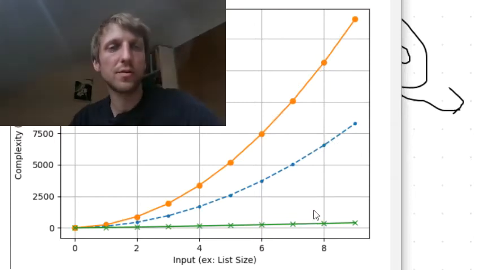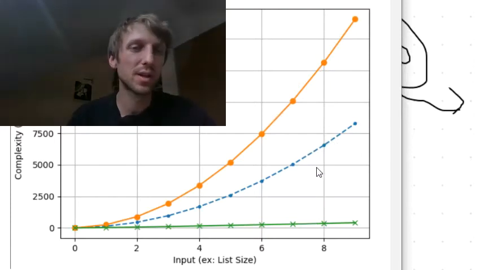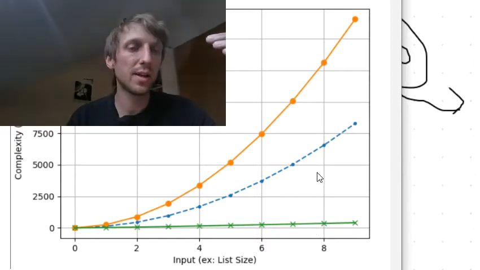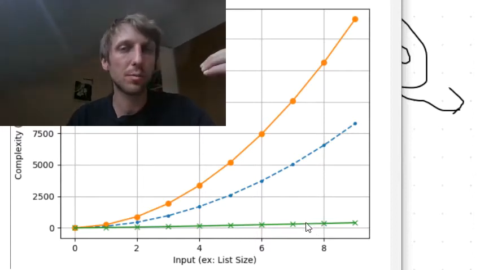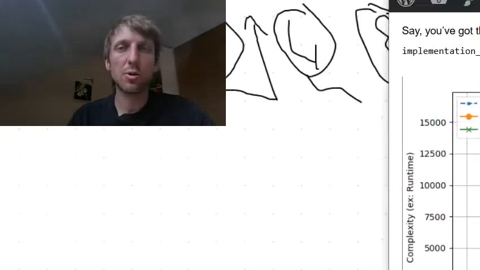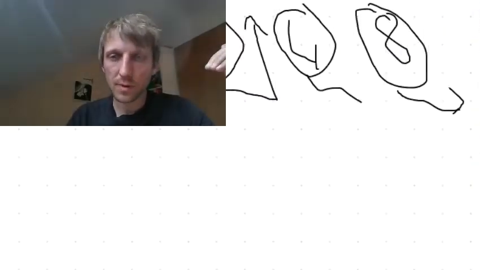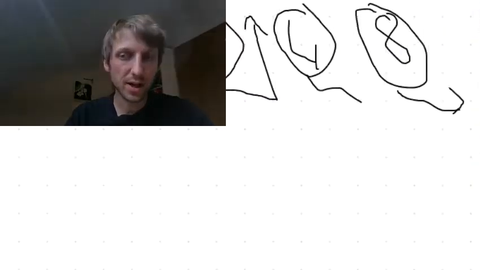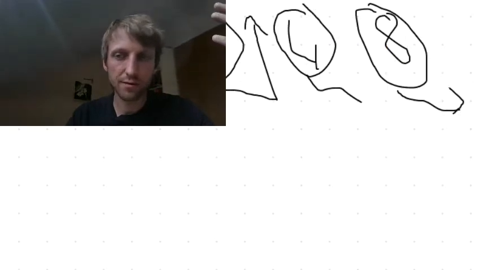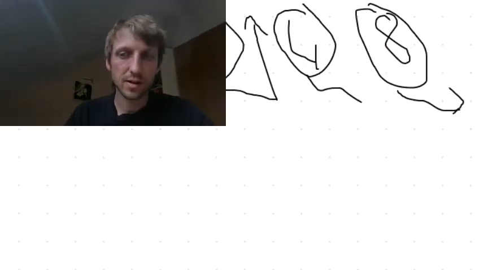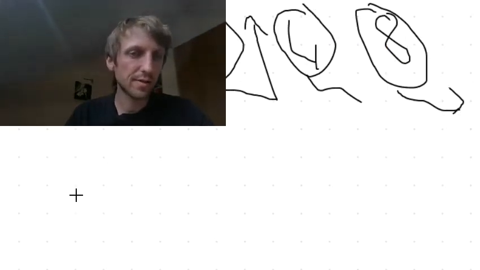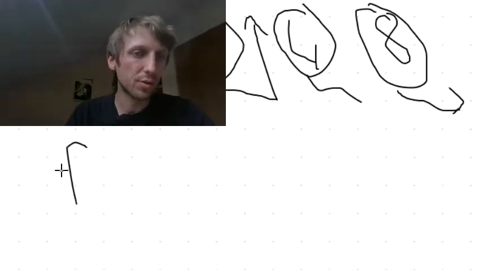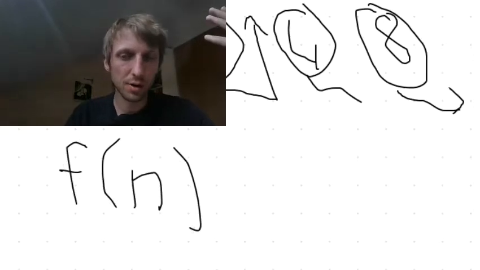So you have different implementations, different algorithms that solve this, and they have different behavior with growing input sizes. This is called the complexity function. We measure it as a function of n, and n is our input size.